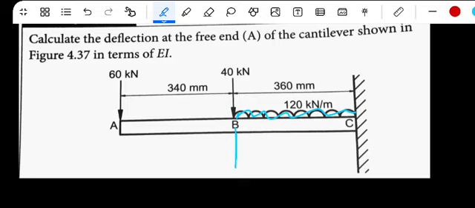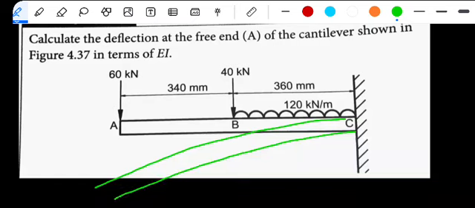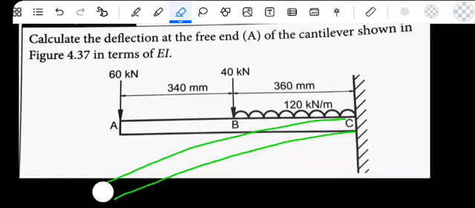All right, let me just illustrate this so that you'll understand. If you have watched my previous video where I introduced the cantilever, you must know that this beam will bend like this. I'm showing you how the bend will be affected.